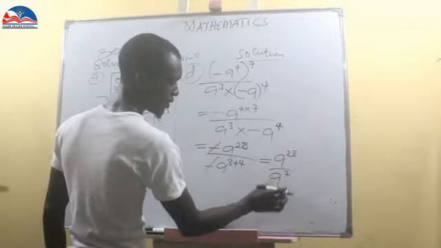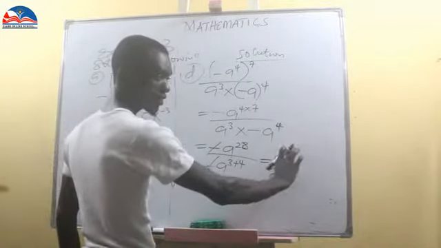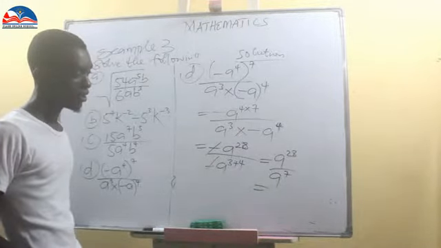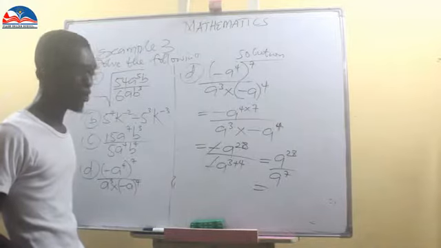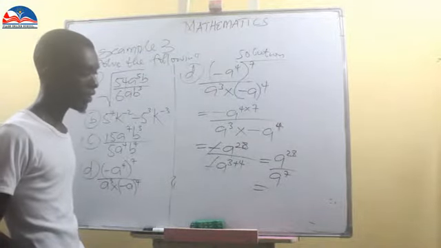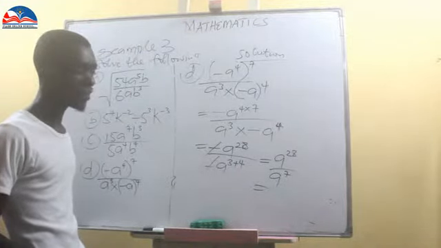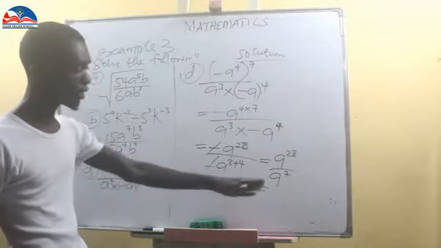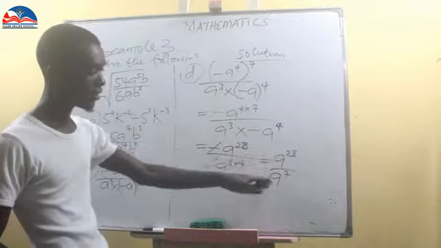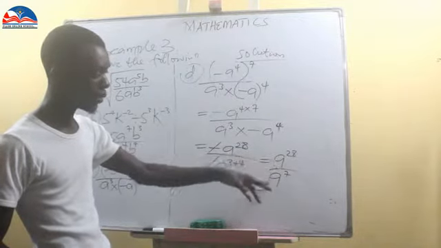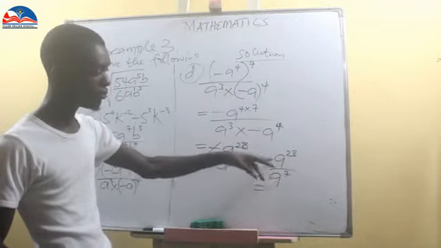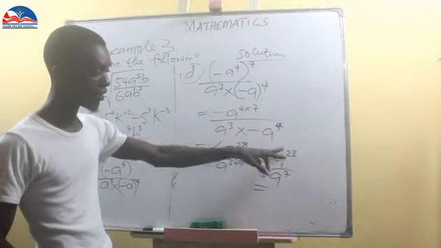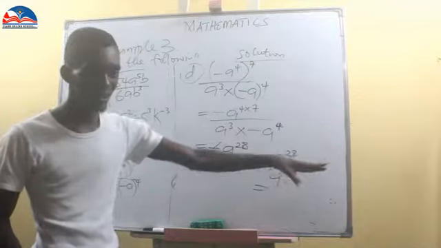since the two dividing bases are the same, you subtract the indices. Don't forget that from the division law, if two equal or same dividing bases are indexed, take one of the base and subtract the indices.